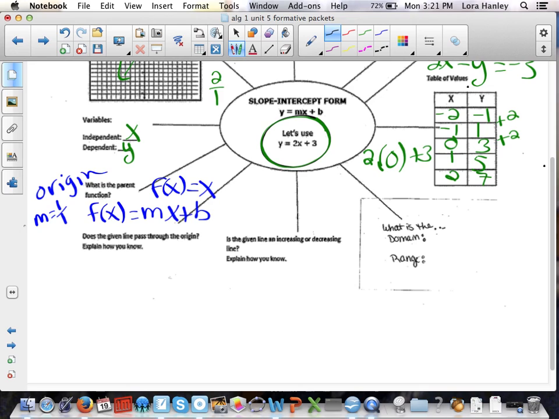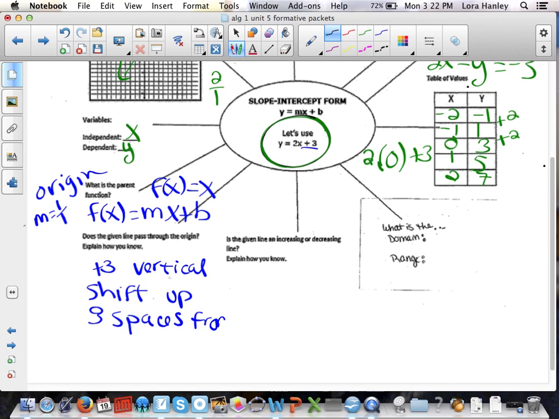We know it goes through the origin because there's no plus or minus on the end of that equation. Well, if you look at the equation that we were given, we have a +3 at the end. So if I see +3, I know that my function is not going to pass through the origin, it's going to pass through 3. The +3 is a vertical shift up 3 spaces from the origin. So you took that parent function and you shifted it up 3 spaces.